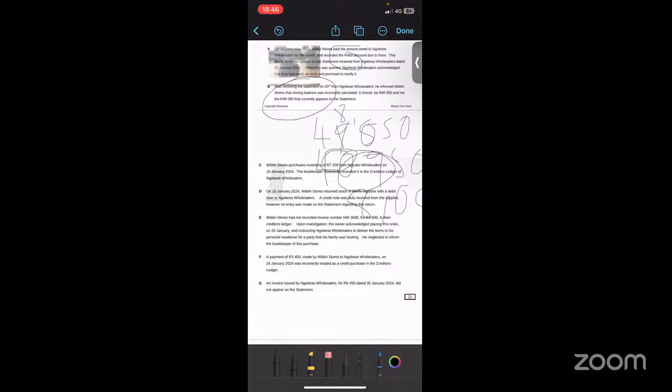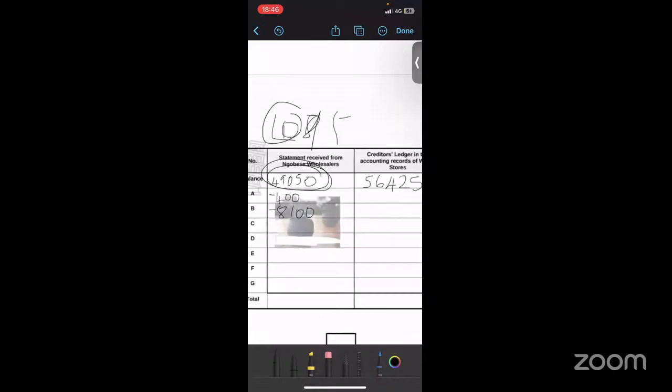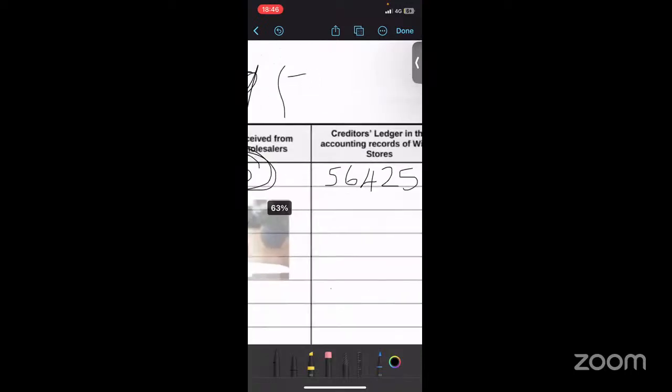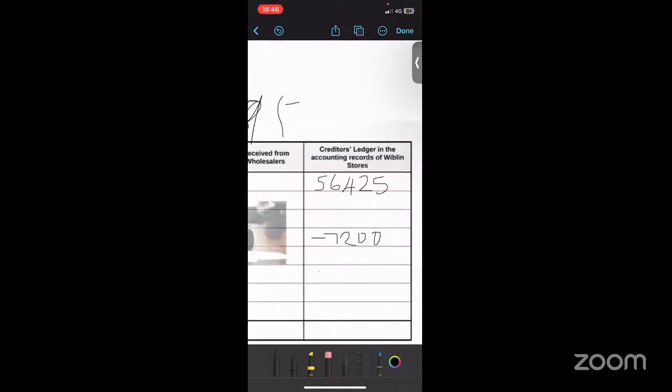So if we were to correct this error, we would record the correct amount under Ngobo and fix the Ngobese by minus 7,200 because we don't owe them. But because we are dealing with Ngobese right now, we're going to have minus 7,200 under C. So it's A, B, C, minus 7,200.